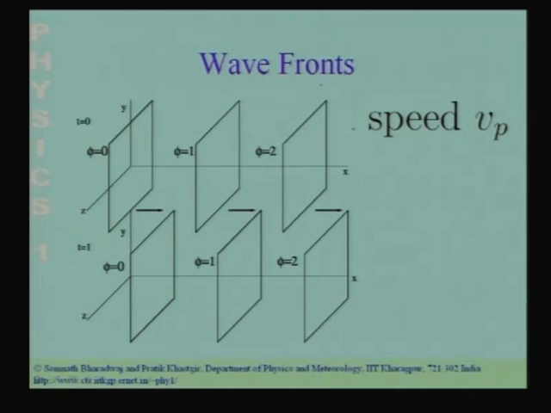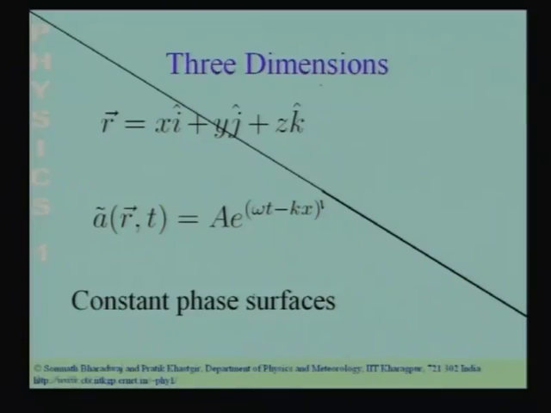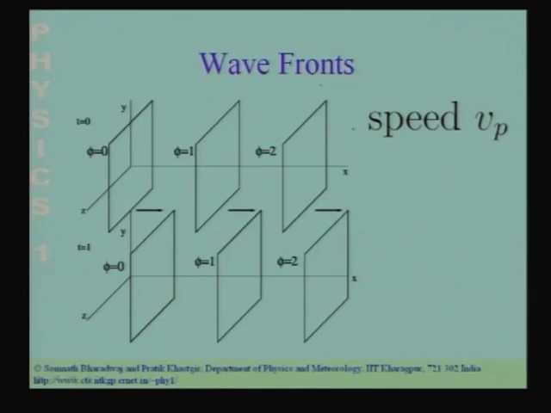The point to note is that in this situation, where I have a wave which looks like a e to the power i(omega t minus kx), the wave fronts are planes. There are planes on which the phase is a constant, which is why this is called a plane wave.